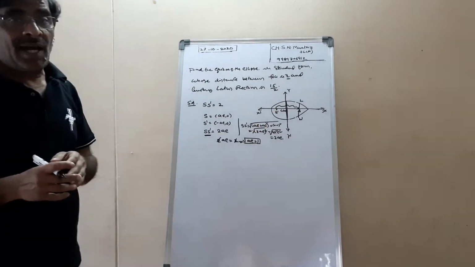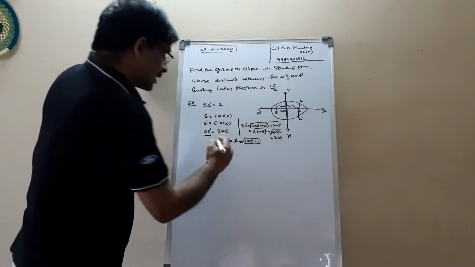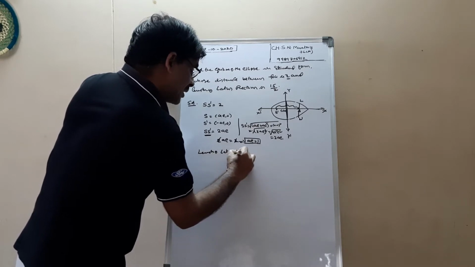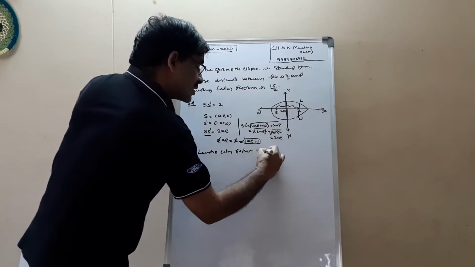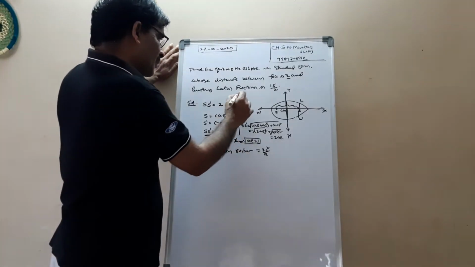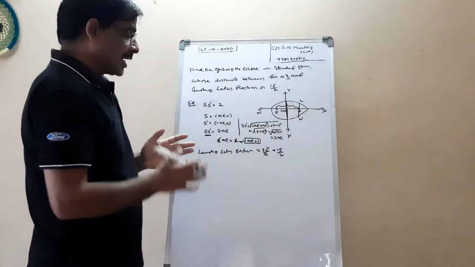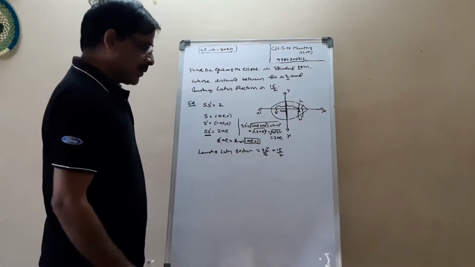The length of the latus rectum is given to you. What is the length of the latus rectum? You know, this is 2b square by a. This is the formula we already proved. It is given as 15 by 2. That is 15 by 2.